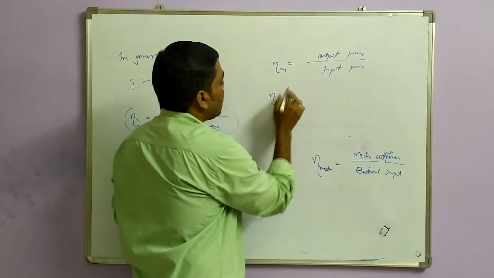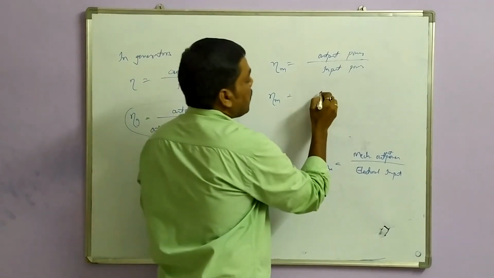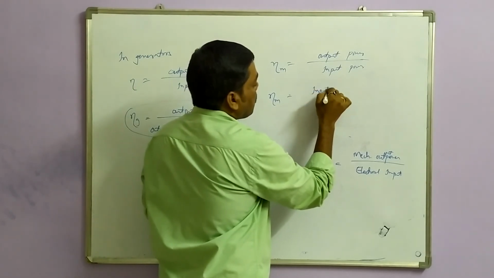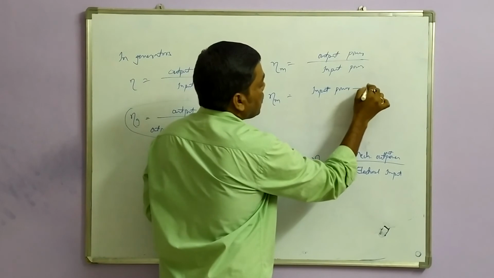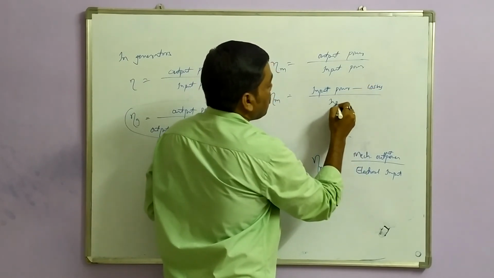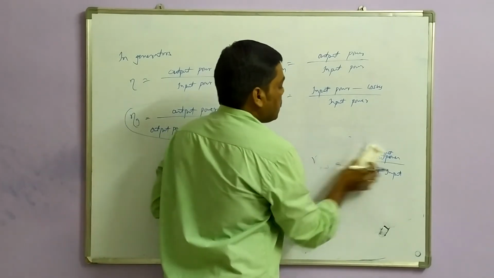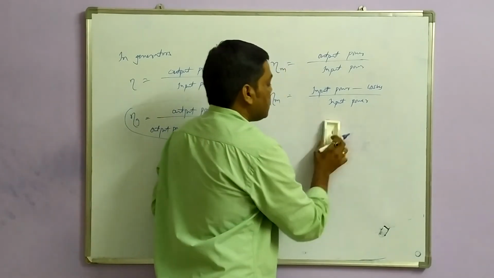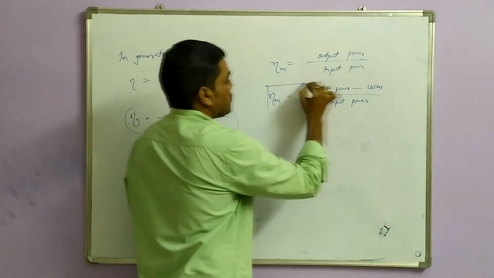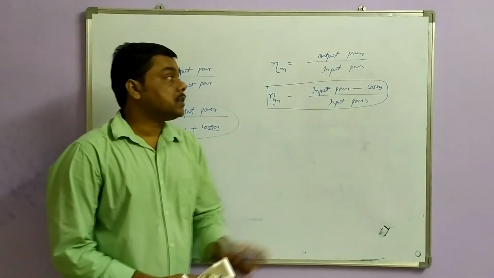So that is given by, for motors, so M stands for motors here, input power minus losses divided by input power. Now this will be the formula for motors in terms of losses.